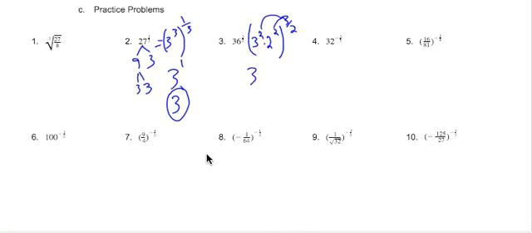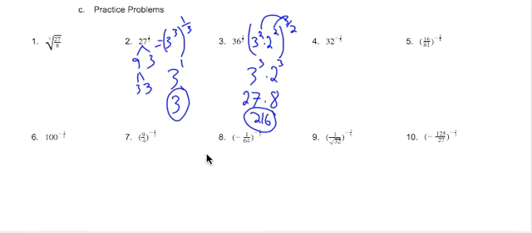So I get 3 to the 3rd times 2 to the 3rd. And now you can just use your basic exponent evaluation rules to figure this out. This is 27. This is 8. And then I multiply those together, and I get 216. Okay, so that's an easy way that you can simplify it.